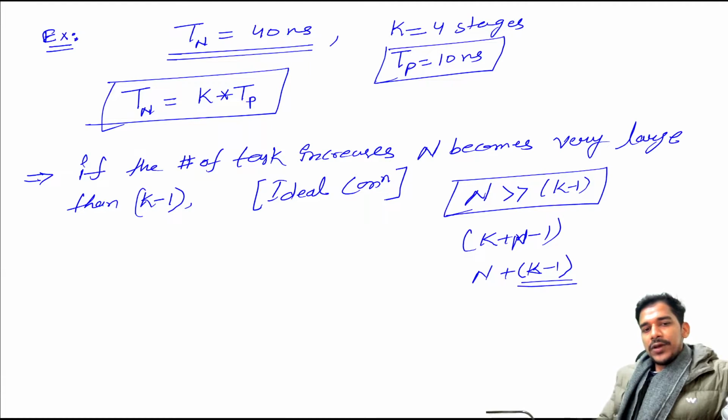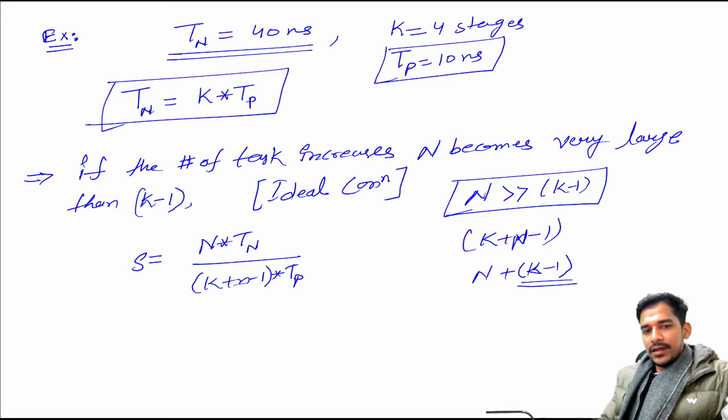So under the ideal condition, we know that speedup is the number of tasks into the time taken in the non-pipelining system, divided by k plus n minus 1 into the cycle time in pipelining, right? If we remove k minus 1, and the number of tasks is the same in the pipelining and non-pipelining systems, the speedup becomes n into Tn divided by n into Tp, where n is the number of tasks.